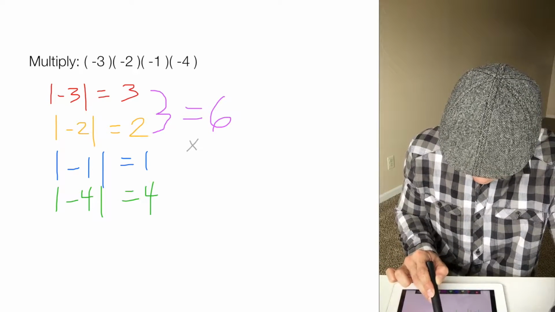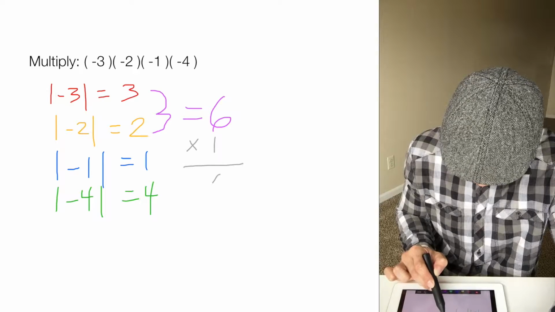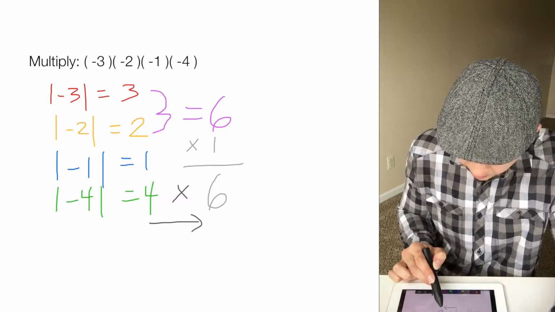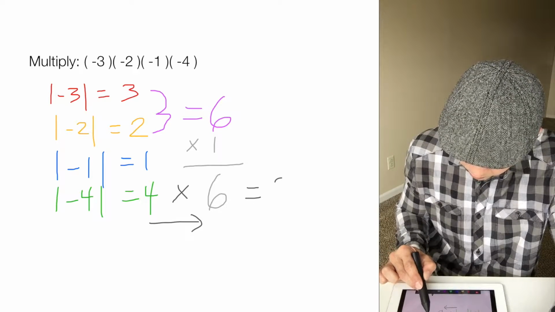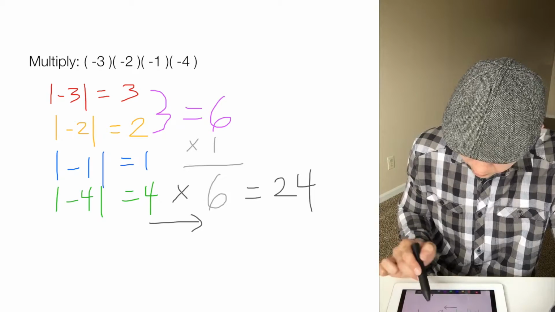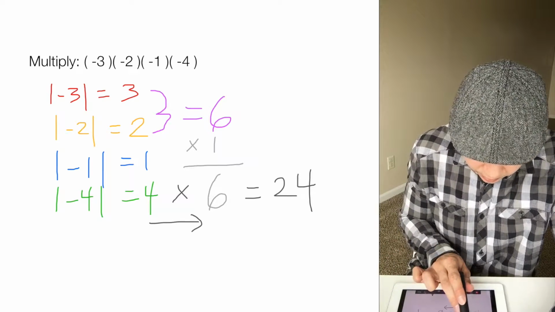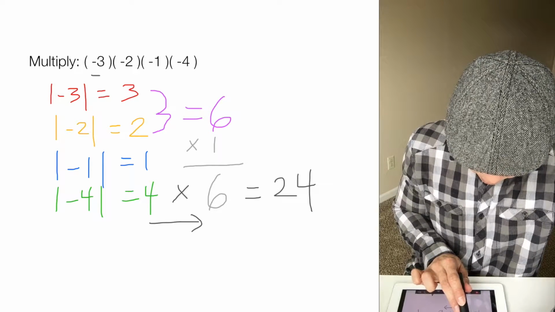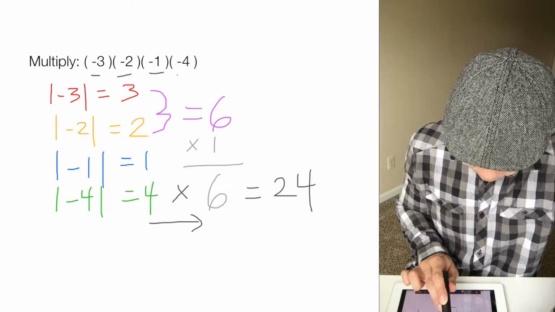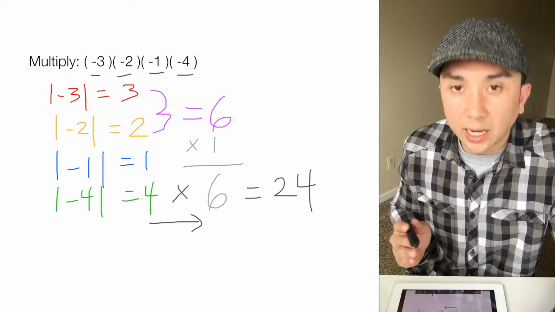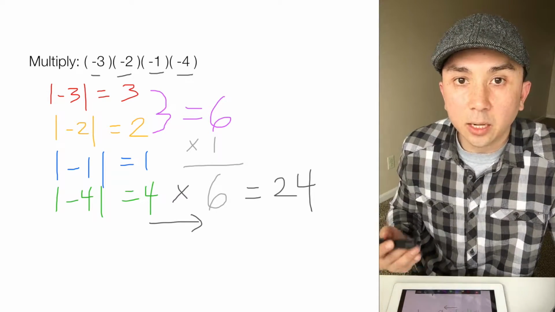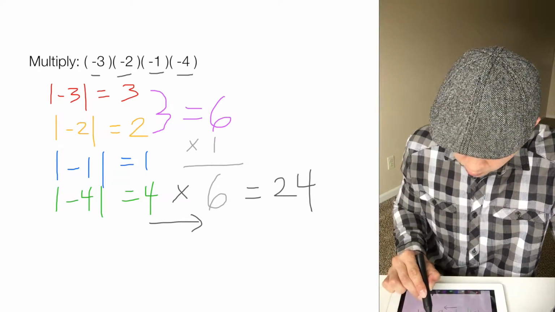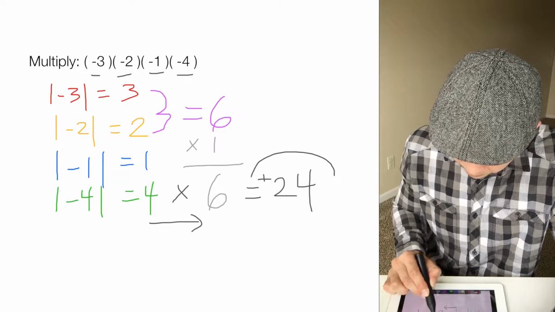Now 6 times 1 is 6. And then 6 times 4 is 24. Now to find out the sign, we look at the negative numbers. We have 1, 2, 3, 4. Because we have an even number of negative numbers, our product is going to be positive. So we're going to have a positive 24.